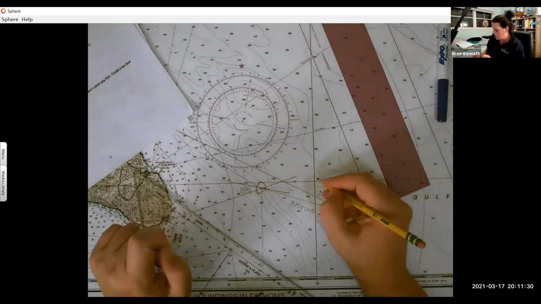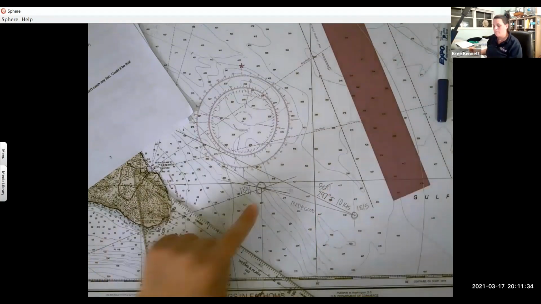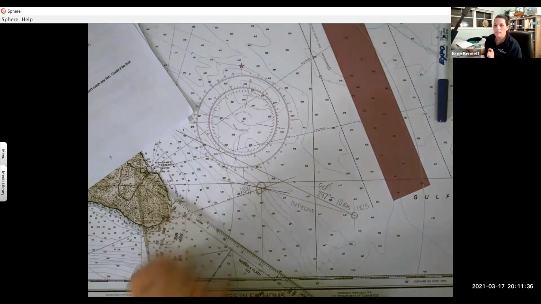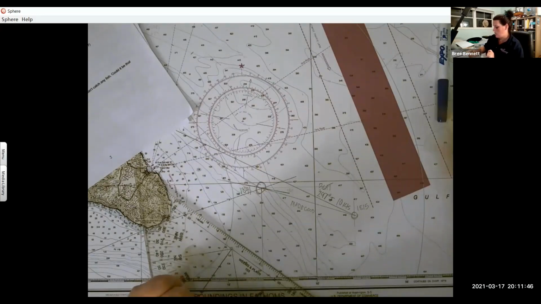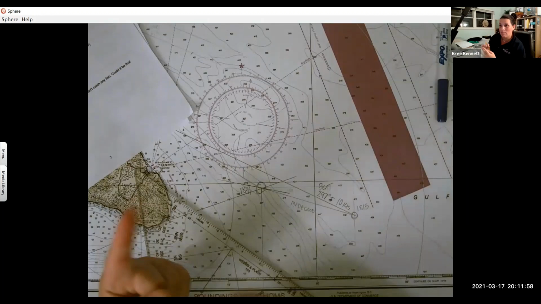So how do I see what my set and drift was, what my current was? Any guesses? How do we finish this triangle? We plot a DR. Remember that DR is what our boat is doing.